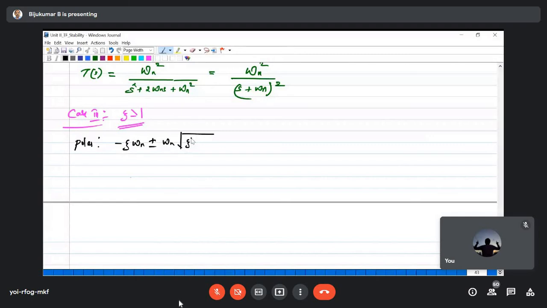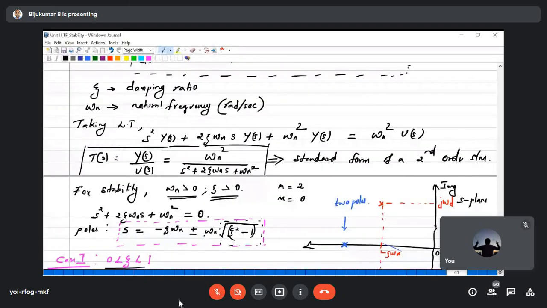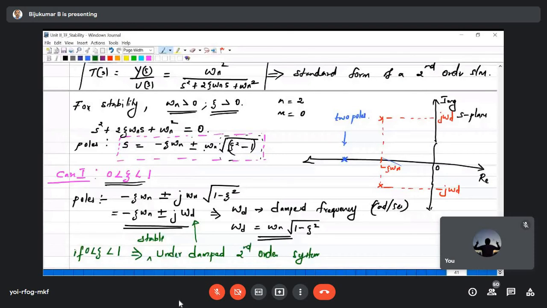So it is having two parts: one is minus zeta omega n, the other part is omega n root of zeta square minus 1. Now if you move to the same diagram, it has two poles. One is minus zeta omega n plus omega n root of zeta square minus 1. Another one is minus zeta omega n minus omega n root of zeta square minus 1.